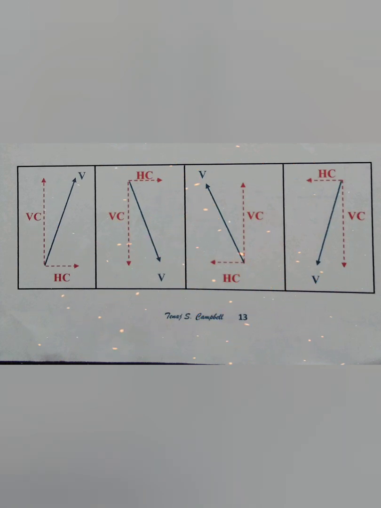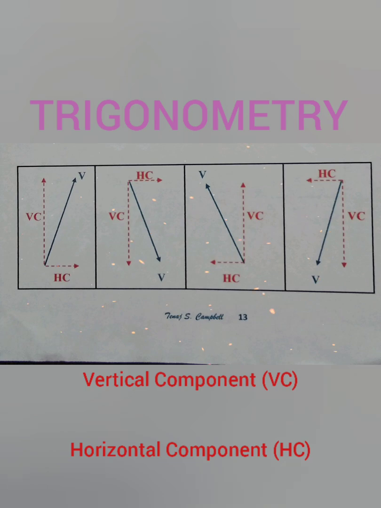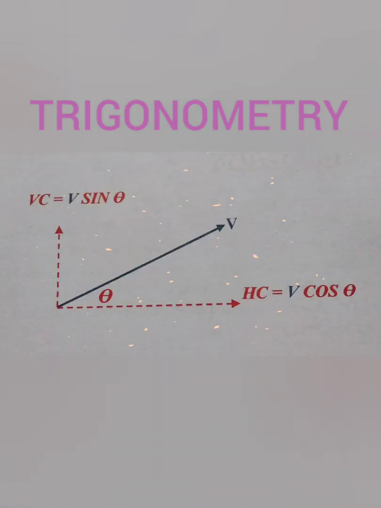Analyzing this diagram, we see that vector v in blue assumes different slanted orientations. But whatever the orientation that is taken by the vector, you can see that there is always a vertical and a horizontal component that is associated with it. And these components can be found using basic trigonometry as shown in this diagram.